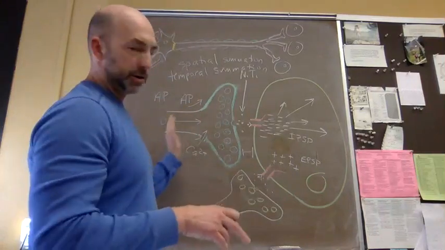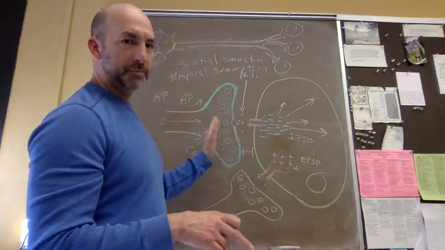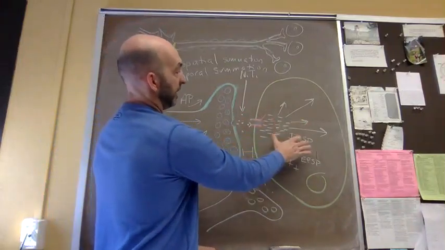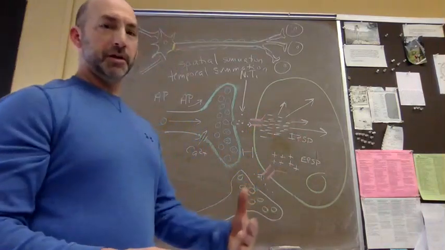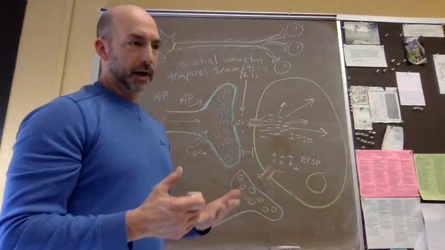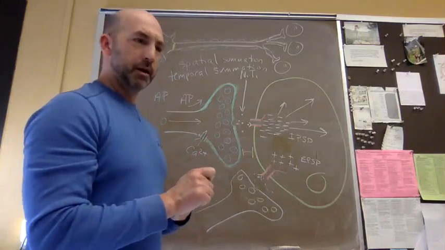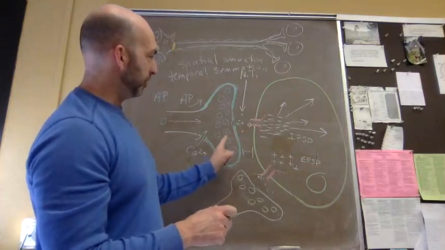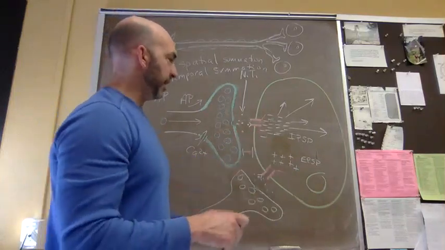Or at least it would be hard to resupply at a rate that would keep up with neurotransmitter release. In which case, your effect on the postsynaptic cell would sort of diminish with time. That's called synaptic fatigue. It's pretty rare, but it can happen, and it's due to limitations of this chemical messaging between the pre and the postsynaptic cell.